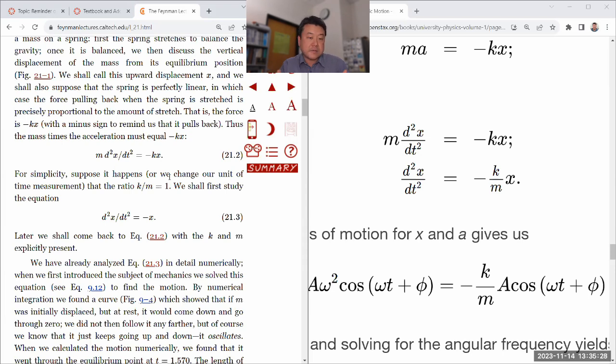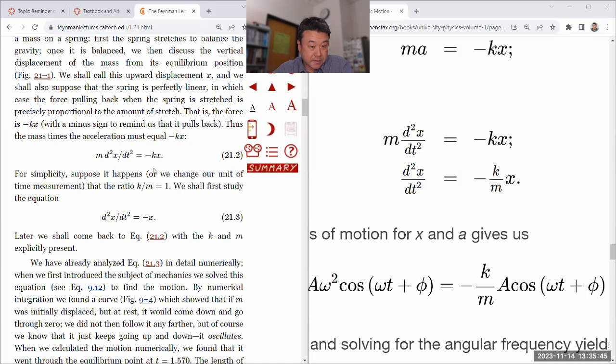And there's a lot of simplicity in starting with a key equation and building up from there all the other stuff that follows. So this is like 2/3 of the way through the section, and that's where Feynman will start from.